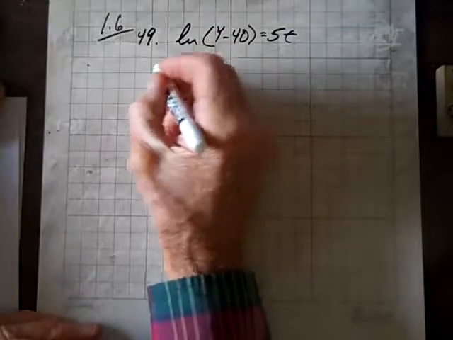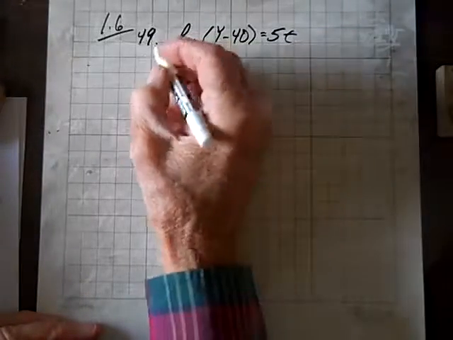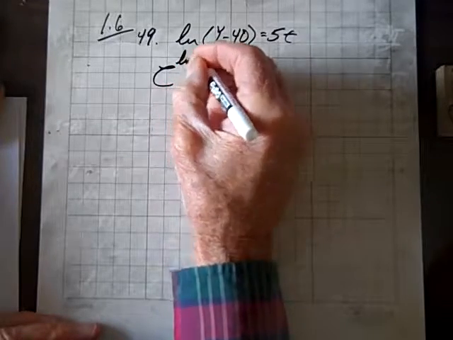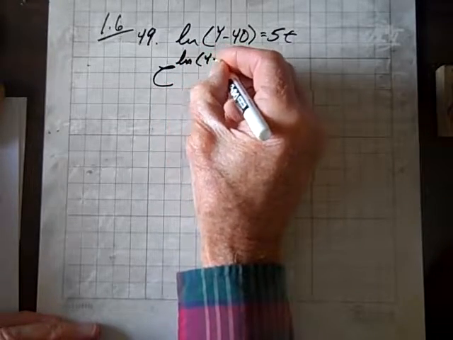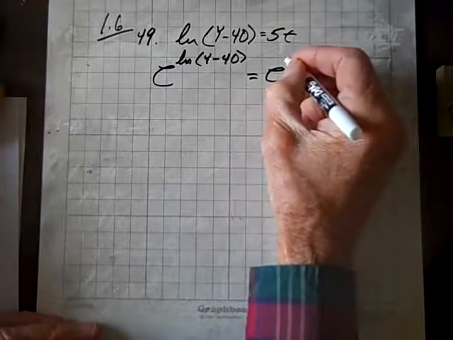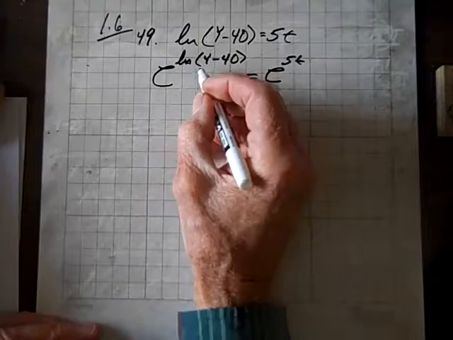So for question 49, we have to solve for y. So let's see, we'll let each of these be exponents on e. So we have e to the ln of y minus 40 equals e to the 5t.